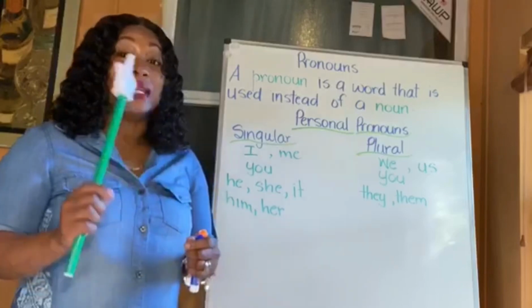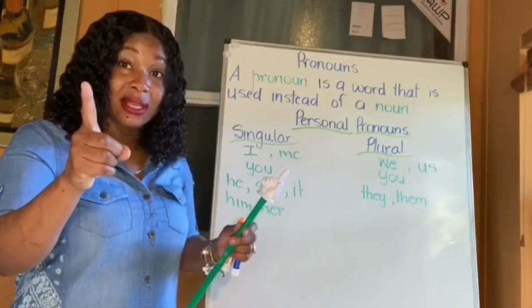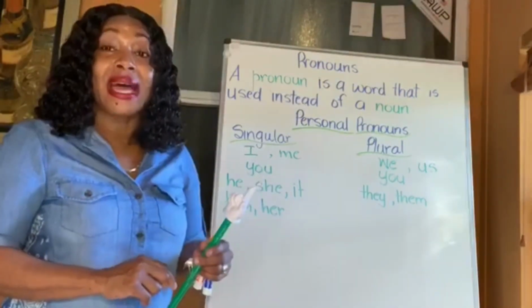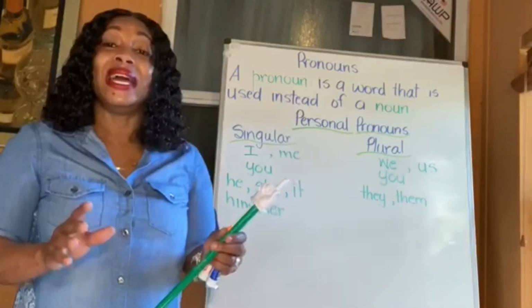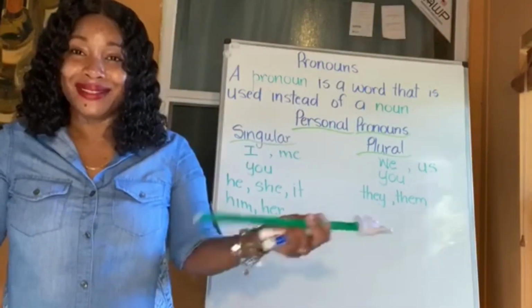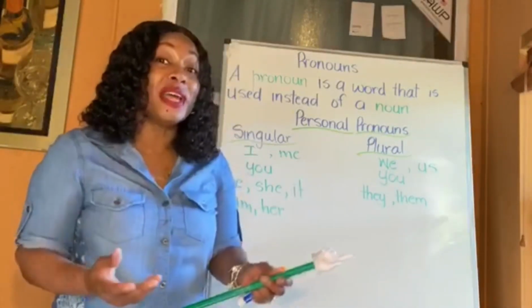So you can be used to refer to one person. I can be talking to the boy, and I can say, you sit over there. Or I can be talking to the whole class, and I say, I want you to sit inside. All right? So they refers to more than one.